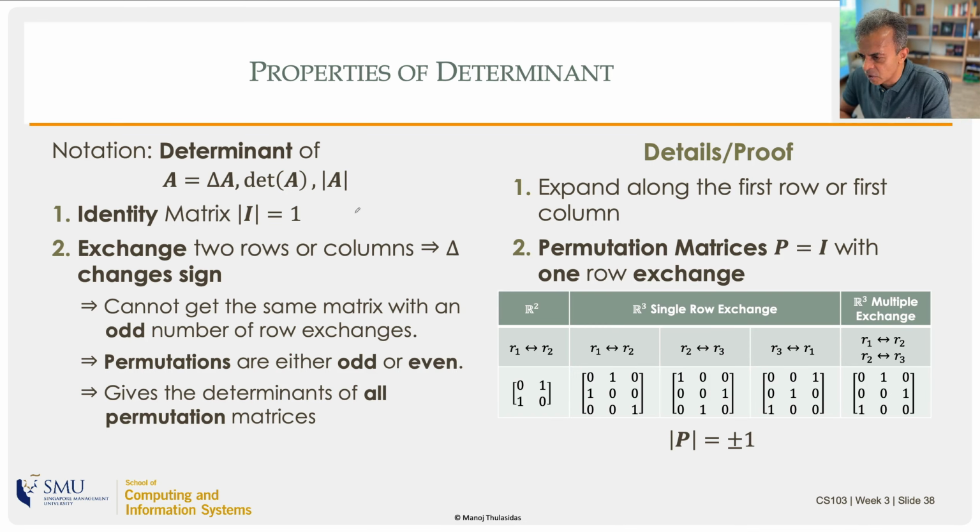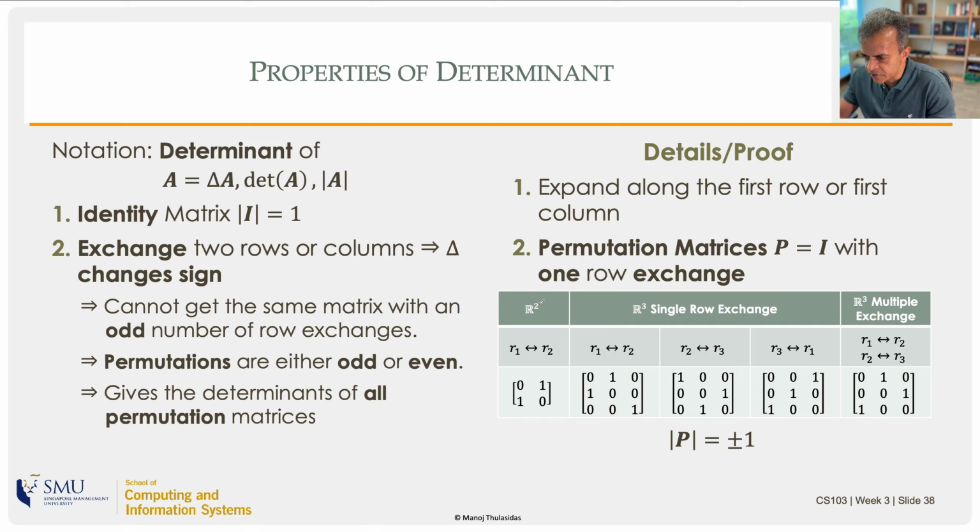So let's take a look at a couple of permutation matrices here. So permutation matrices are basically identity matrices with some swapping. Row 1 and row 2 swapped in R2 would be the first permutation matrix here. You just do that to the identity matrix, you get that. Similarly, for row 1 and row 2 being swapped in R3 by 3.